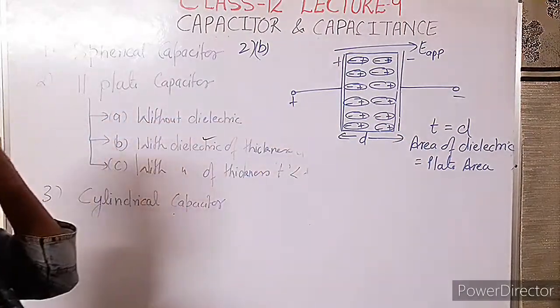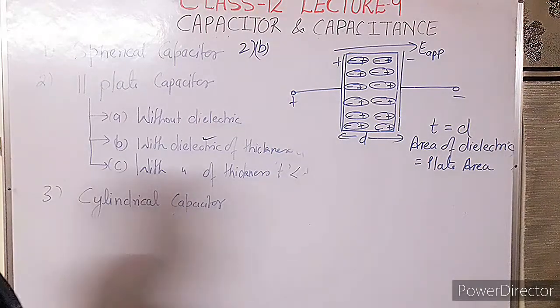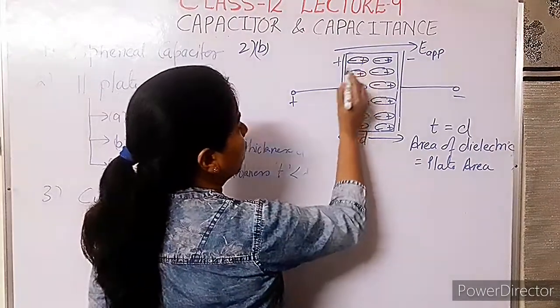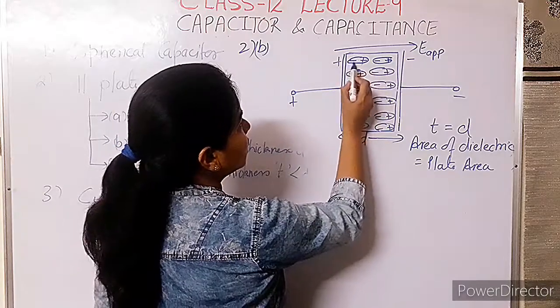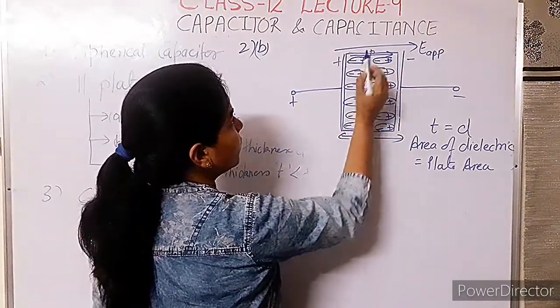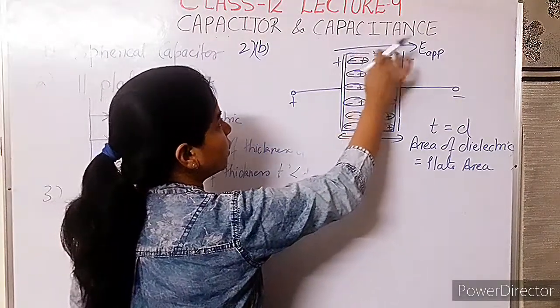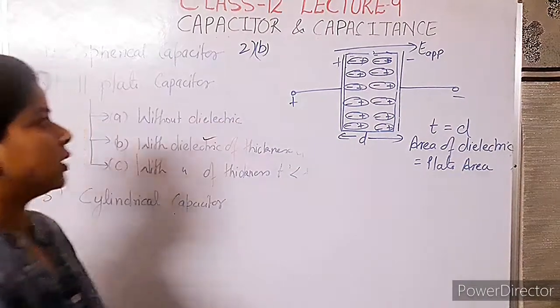We have considered that dielectric, and each dielectric is made up of n number of molecules. You can see here the dipole moment is from minus charge to plus charge, aligned in this direction. This is only the effect of the applied field over the dielectric.